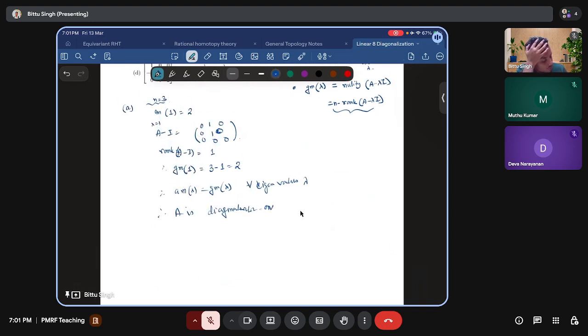So up to now, it is diagonalizable over C, but here all eigenvalues are real, and the matrix A is made of real entries.